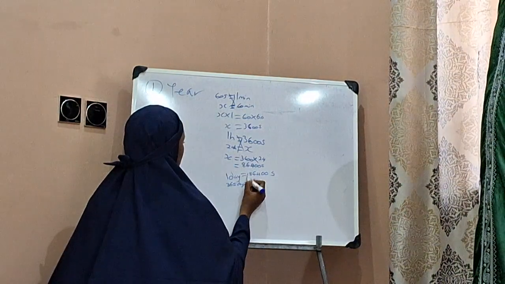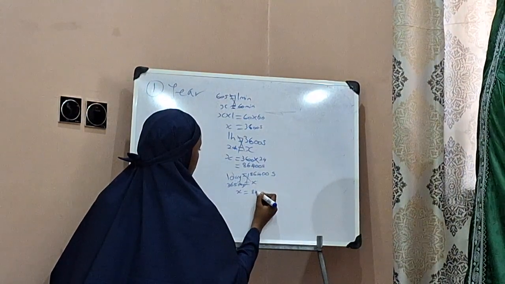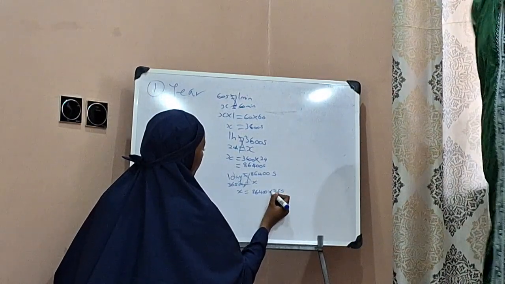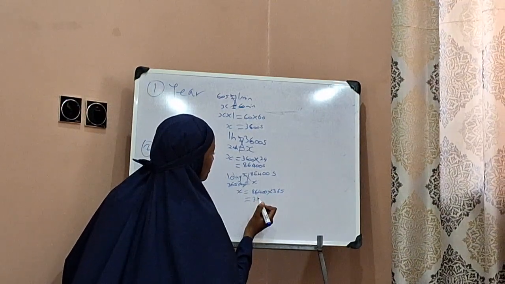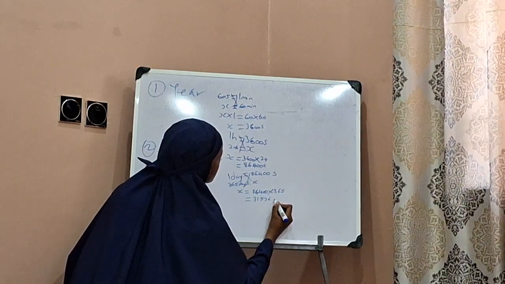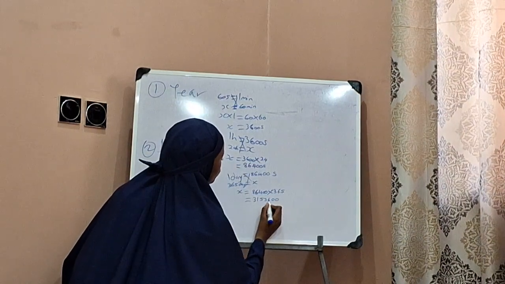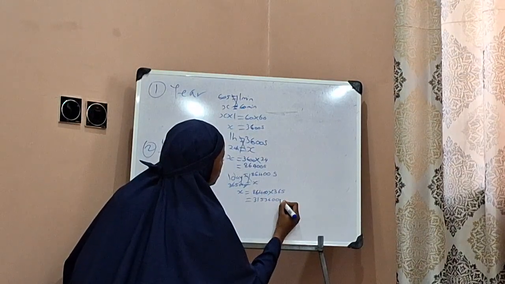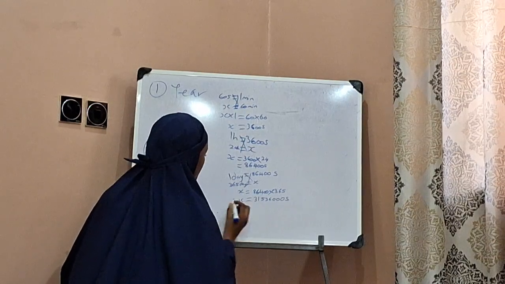Looking for X. We cross multiply. X equals 86400 times 365. So what is that? That's 31 million, 536 thousand. So this is the number of seconds in 1 year.